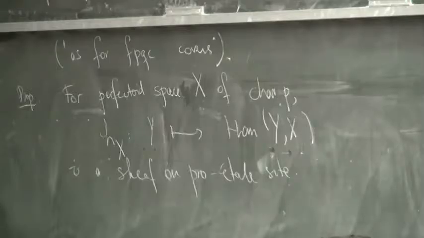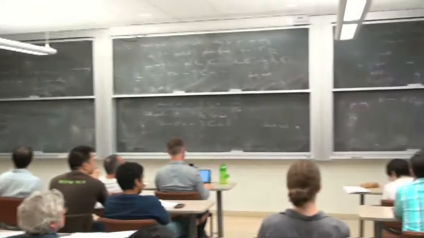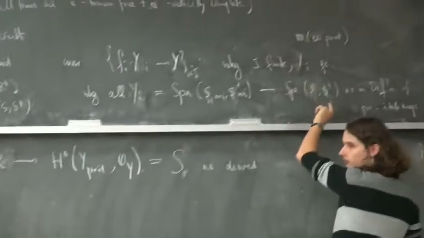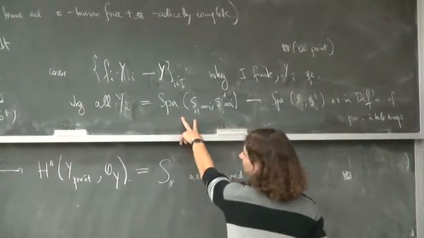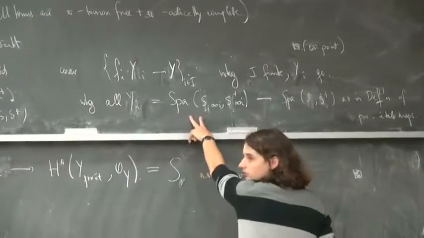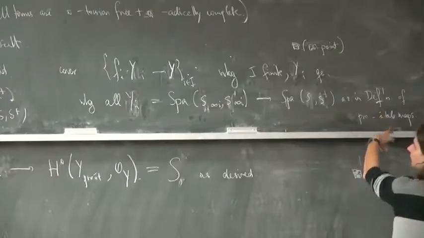And then by definition of covering, because Y is quasi-compact, I can assume that there are only finitely many terms in the covering, and that all the Yi's are quasi-compact. And then locally they are of this form, and by quasi-compactness I can assume they are all of this form, where they are affinoid.